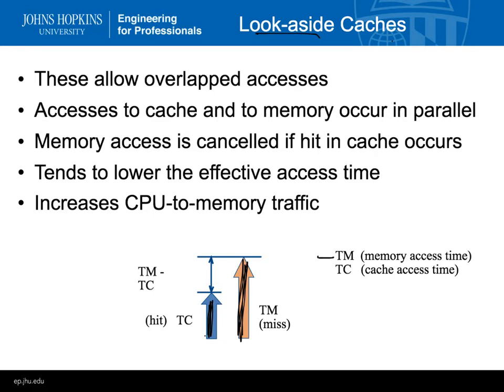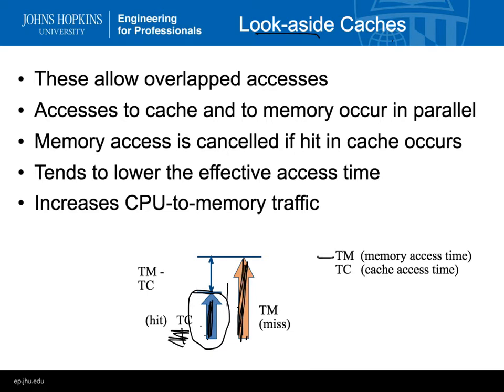In look aside, what it's saying is I'm going to start my look in the cache at the same time I'm going to look in main memory. If I find it in the cache, I stop this. If I don't find it in the cache, I keep going. So if there's a hit, this is the amount of time it takes, TC.